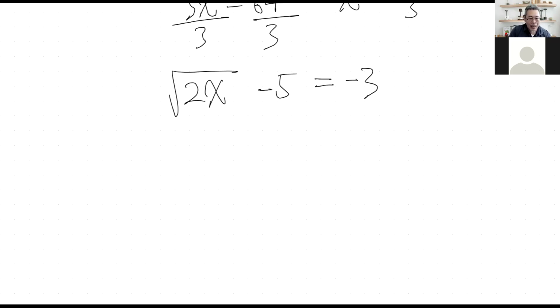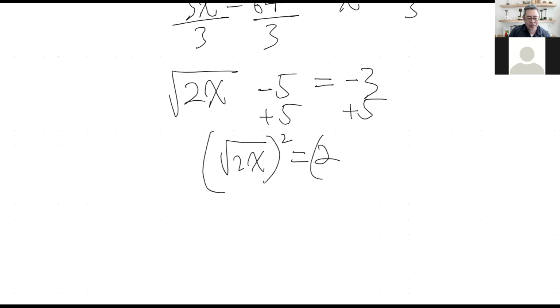Very good. So add 5 on both sides. Then that gives us 2. Then square, opening that up. So 2x equals 4. Then divide by 2.